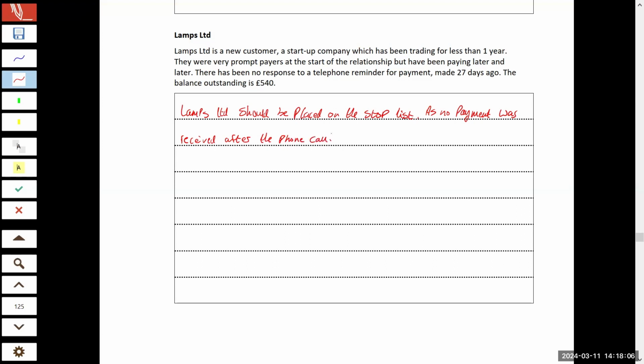Equal to that, as we've just said, the accounts manager arranged to visit them to solve the issue. Something along those lines. Okay, contextualize as much as you want.